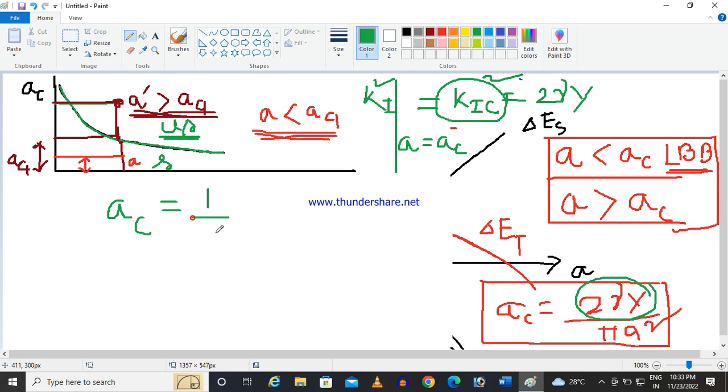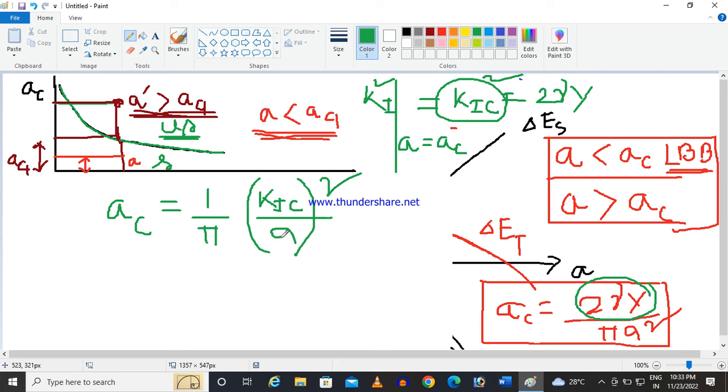So this is nothing but the critical crack length is equal to 1 by pi, K1C (the Roman 1 is mode 1 fracture, opening type of fracture) by sigma whole square. This is the standard formula.